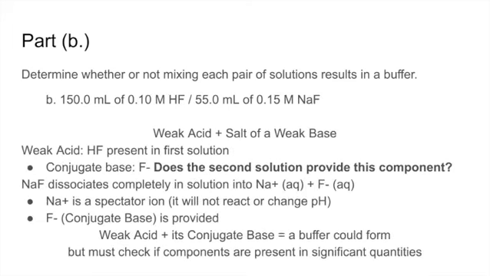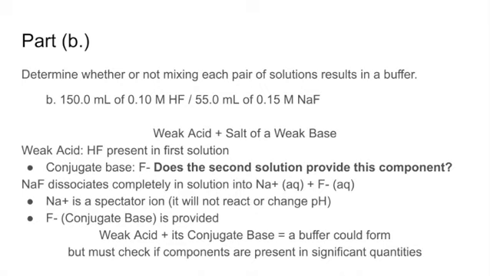For part B, we must determine whether mixing a solution of HF with a solution of NaF will result in a buffer. The first solution has HF present, which is a weak acid. HF's conjugate base is F-. So, if the second solution provides this component, a buffer could form. The second solution has the salt NaF.